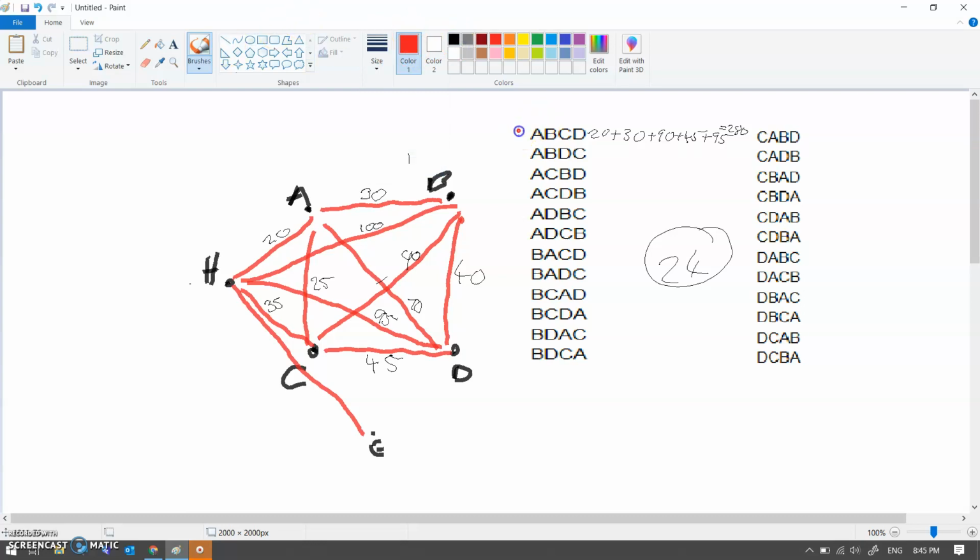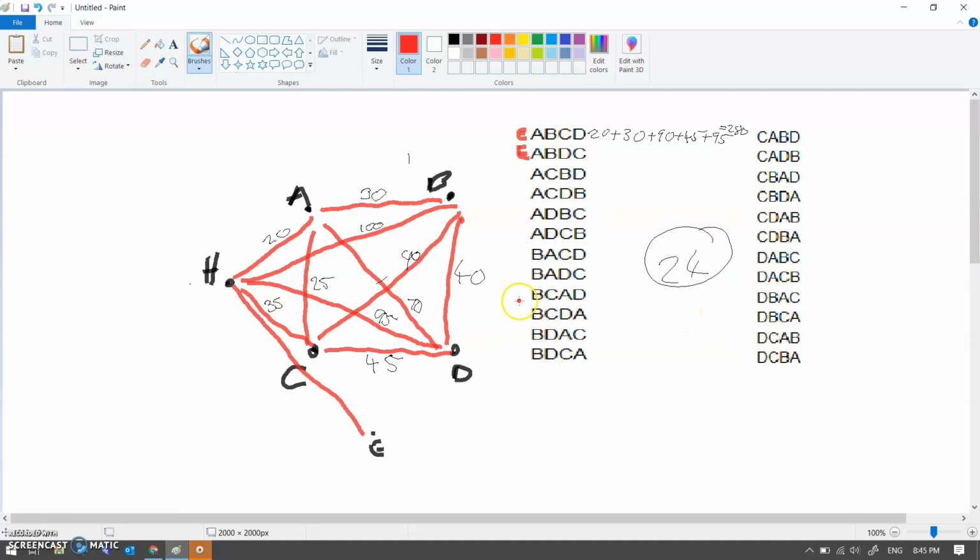I could just put an E in front and say go E, A, B, D, C, and then I could go E, A, B, C, D. And in fact, I could have 24 routes where we go to E first and then the same lot that we did before. So that's 24.